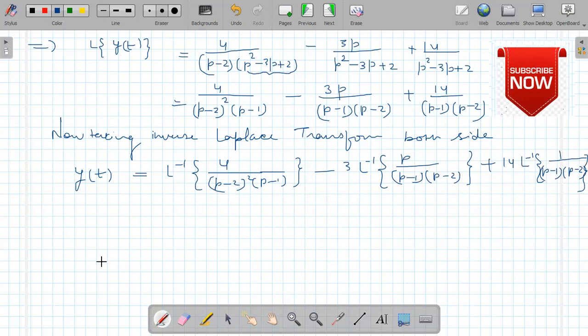So you have to do the partial fractions of each term.